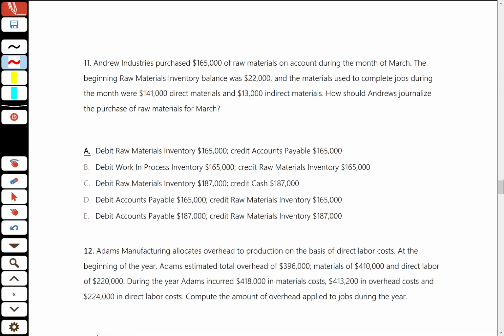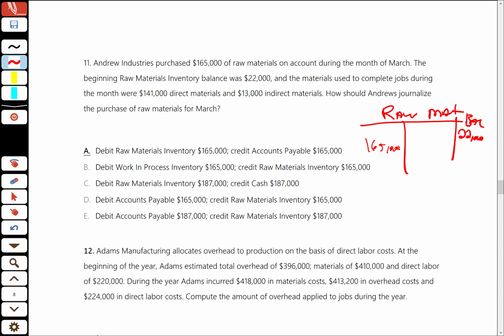They started with 22,000. The beginning balance in raw materials is 22,000, right? And then they purchased 165,000, and when they purchased it, they debited raw materials and credited accounts payable. That's the answer to this question.